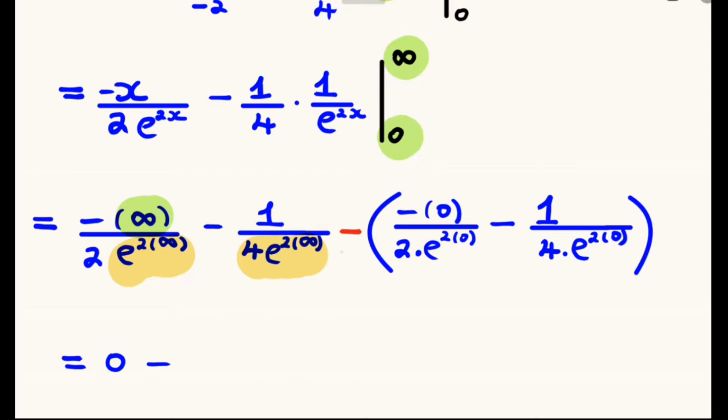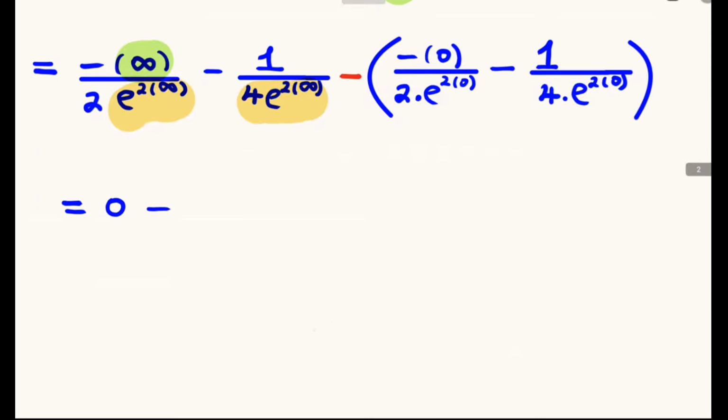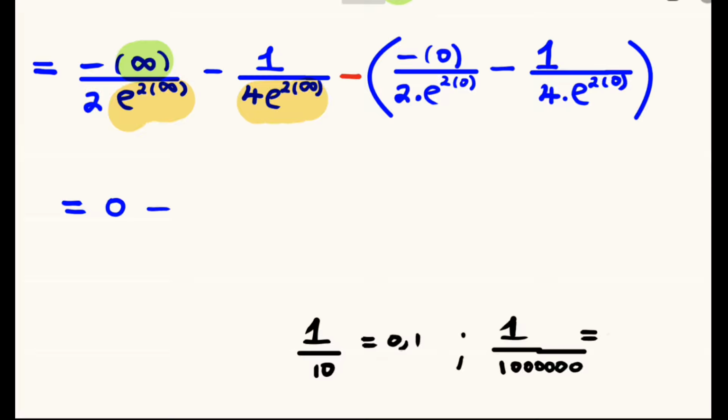So that denominator will become a very big number because of the infinity. Suppose that we have 1 divided by 10. This is equal to 0.1. And if we had 1 divided by a million, this will be equal to 0.000001.